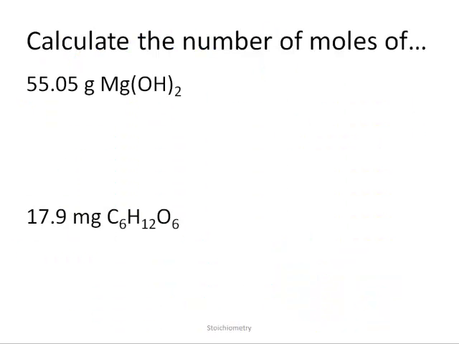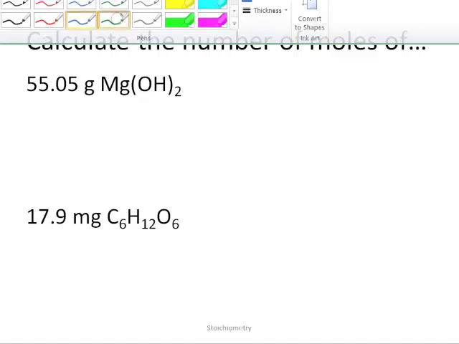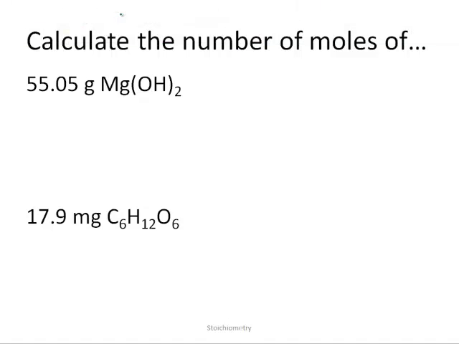Just like we did for copper and carbon, you can calculate the number of moles of a substance for a molecule or compound if you know its molar mass. So I already calculated the molar mass of these two compounds. If we have a mass of, say, 55.05 grams of magnesium hydroxide, we can determine how many moles that coincides with. So what we can do is just multiply that by the conversion factor.